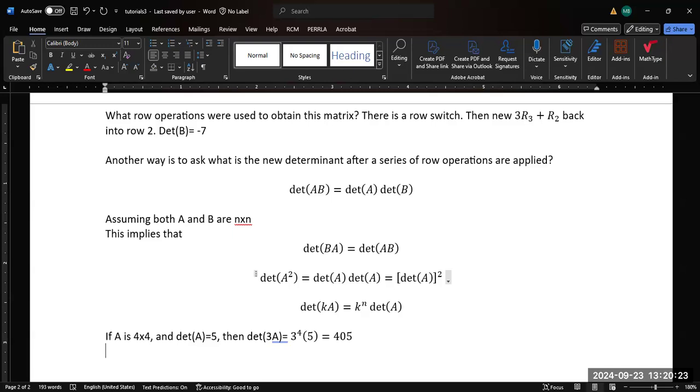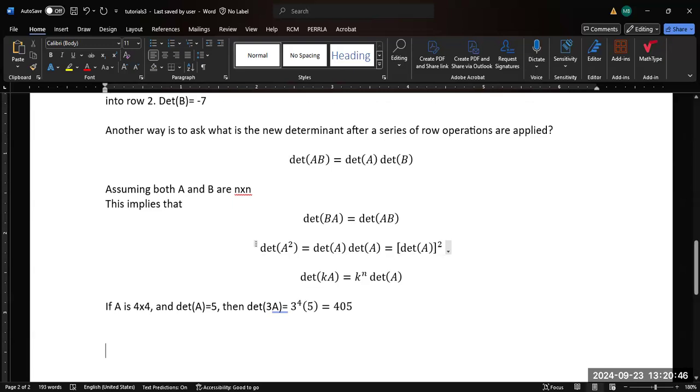Same thing applies for -1. If you want to calculate the determinant of -A, if it's an even power, it's not going to have any effect on it at all. If it's an odd power, it's going to flip the sign because it depends on the size of the matrix, how many rows are being affected.